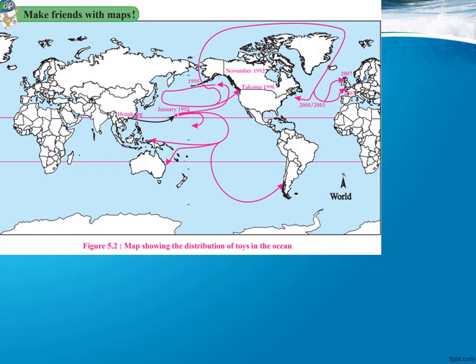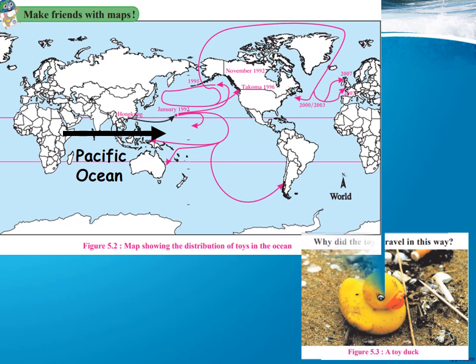A very strange incident occurred in the Pacific Ocean in the year 1992. A cargo ship sailed towards America from Hong Kong. While traveling through the Pacific Ocean near the Hawaii Islands, a container full of toys fell into the ocean and broke.